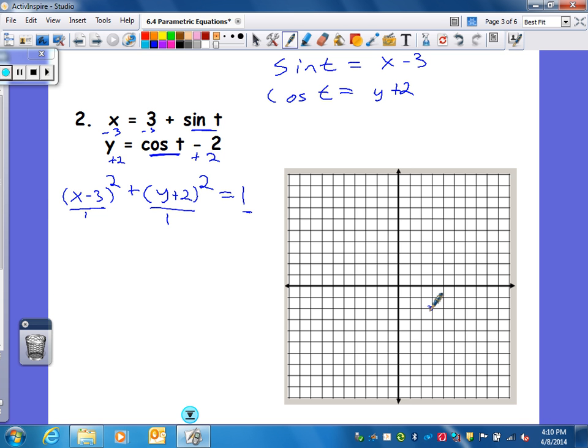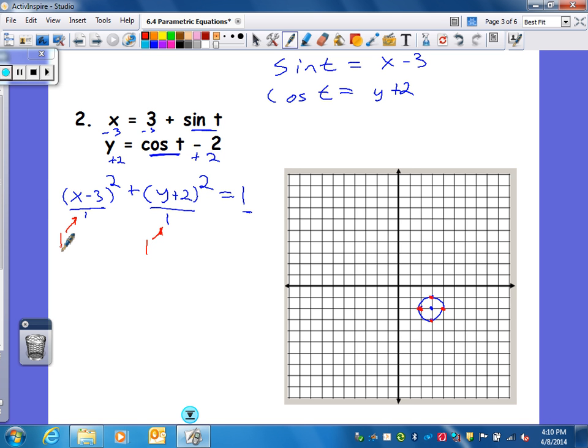Now I know that our radius is 1, so I'm just going to make my mark all around 1. Then you kind of estimate where your circle will be. So remember, our radius is our distance from the center.